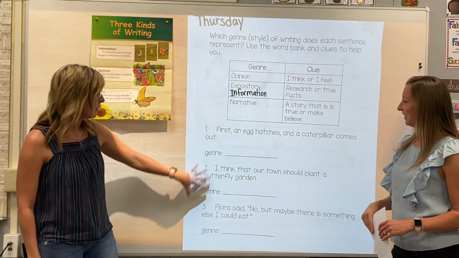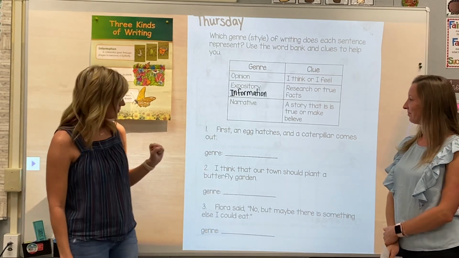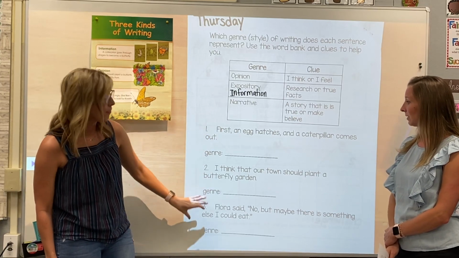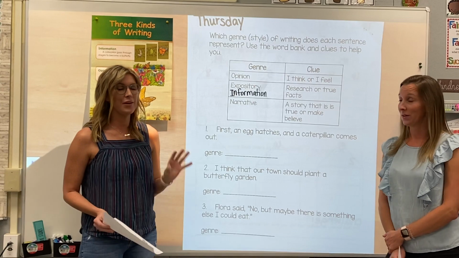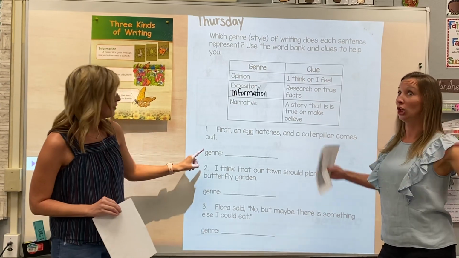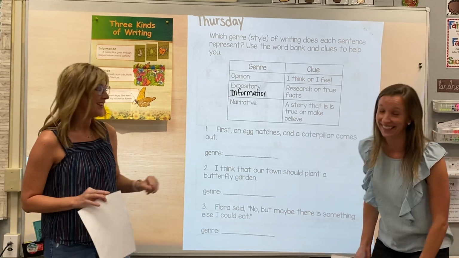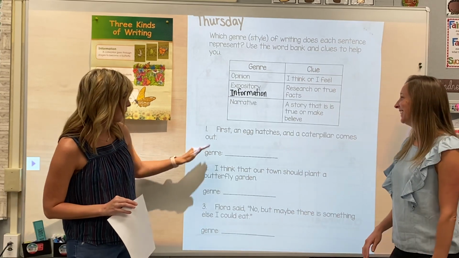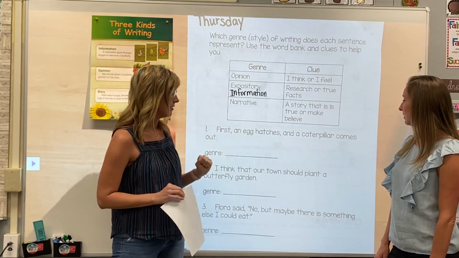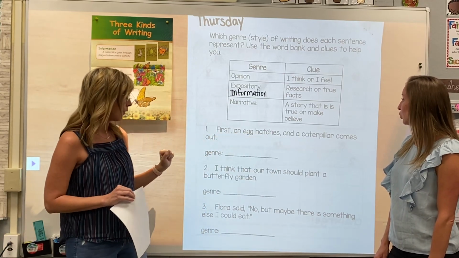Now let's talk about what you guys are going to do on this page. As you can see, we have one sentence from each of the 3 stories, and we chose sentences that give you really big clues. Like huge clues, right? So, for example, the first sentence says, first, an egg hatches, and a caterpillar comes out.